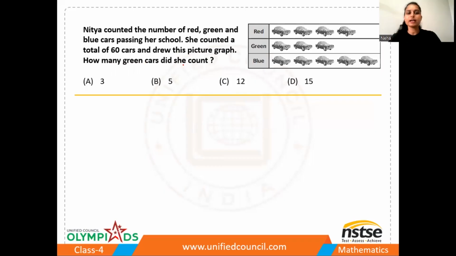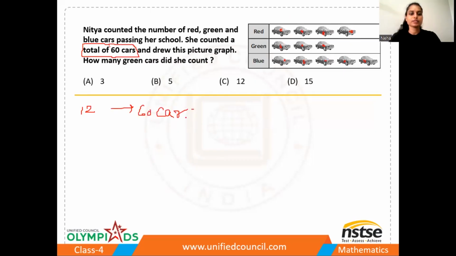How many green cards did she count? Now, as we can see in the diagram, how many cards are there? 1, 2, 3, 4, 5, 6, 7, 8, 9, 10, 11, 12. So in the diagram, it is 12, right?